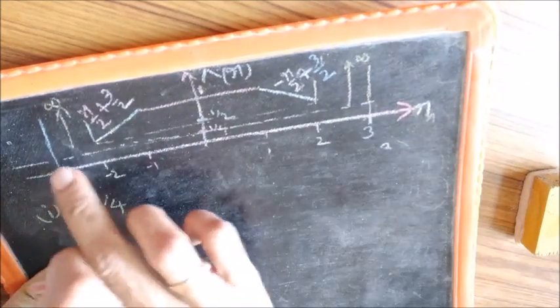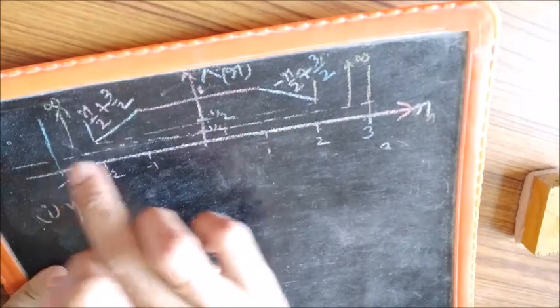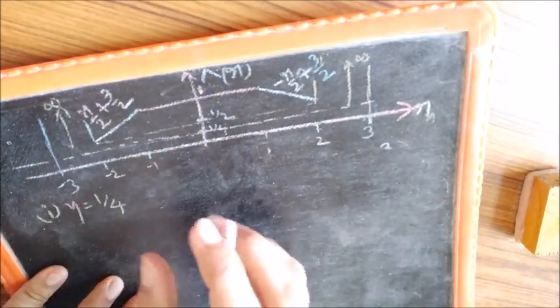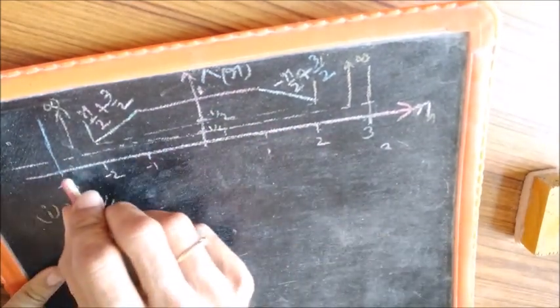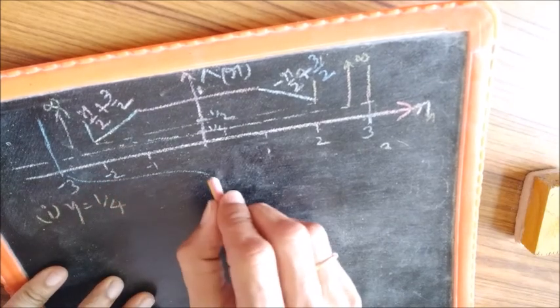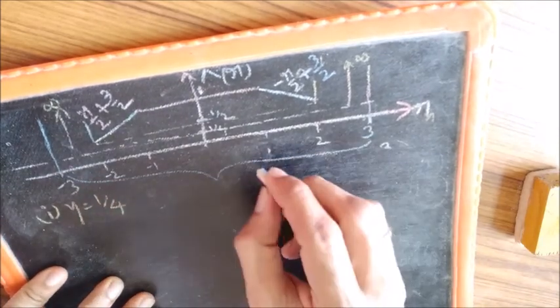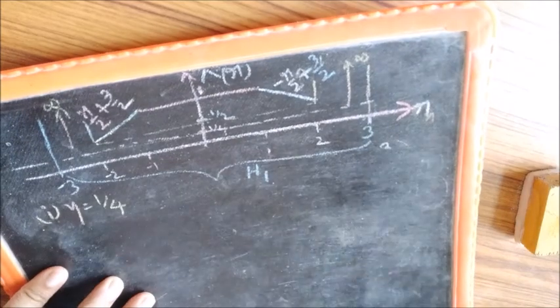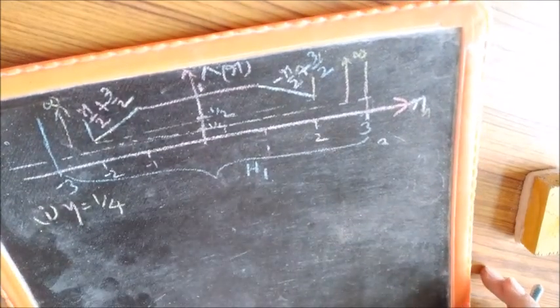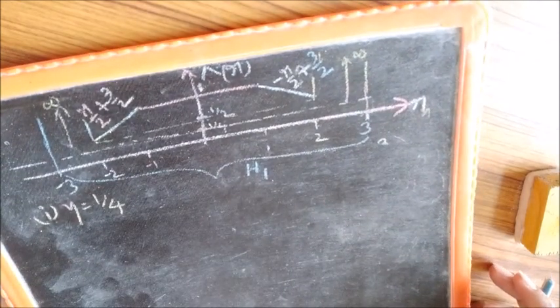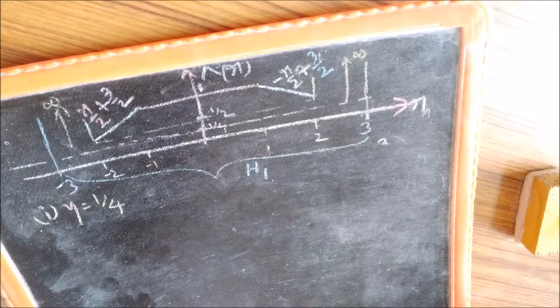So when you set eta as 1 by 4, your likelihood ratio is always more than 1 by 4, which means that when eta is 1 by 4, the entire region R minus 3 to 3 is for H1. You decide H1 is the true hypothesis whenever, whatever value of R you receive.